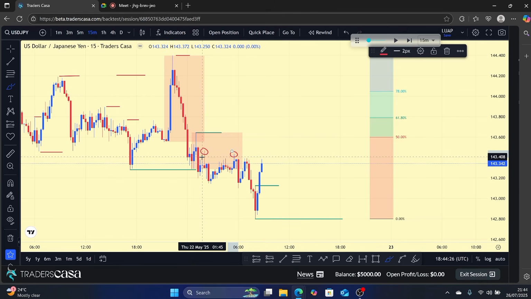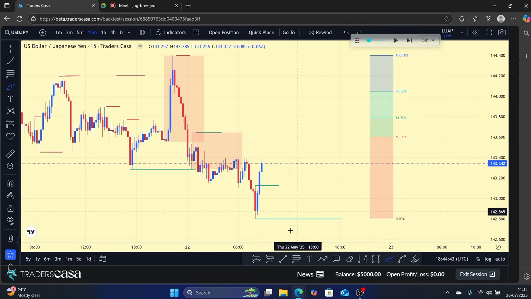So this means that this order flow was not mitigated here, but rather it was mitigated at this end. So this one here was the valid mitigation on that order flow. This means then that order flow is mitigated and therefore invalid. So right now I'll be shifting to the next order flow.